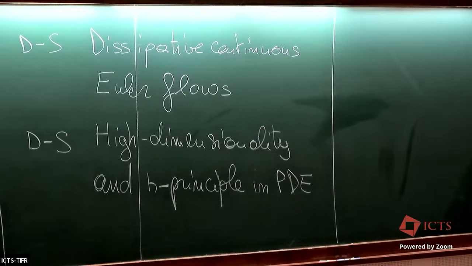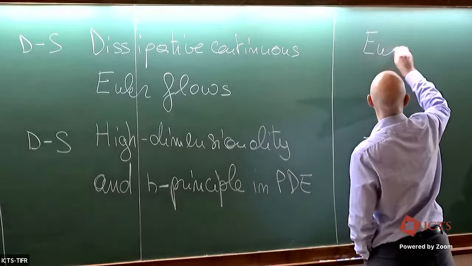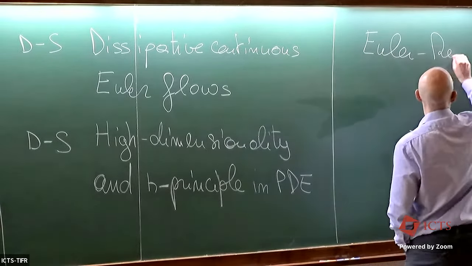So that I will have a sequence of solutions to a system which is not exactly the Euler equation, is the Euler equation plus some error term, and the goal will be actually to get that error term going to 0, okay? So we call this system, and you probably saw it in the other lecture, Euler-Reynolds system.